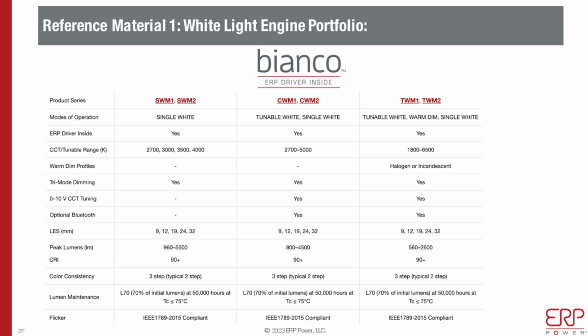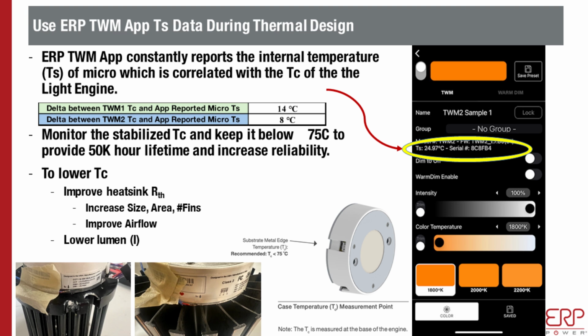Just think about it: the heat sink is supposed to take the heat away and send it out to the ambient air. So you're always going to have the TS reported on the app higher than the TC on the heat sink, or right at the edge of the heat sink at the bottom of the module. That is the whole purpose of a heat sink.